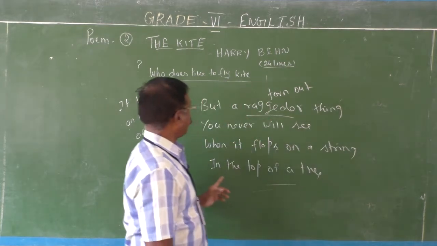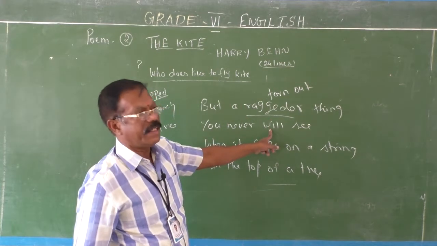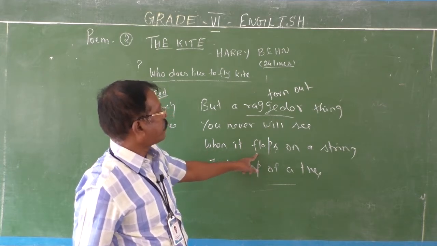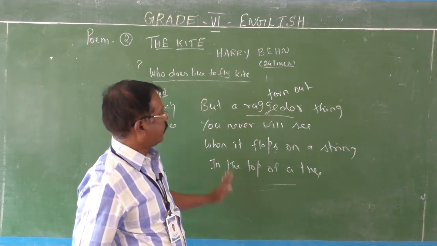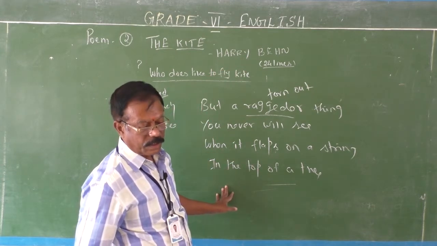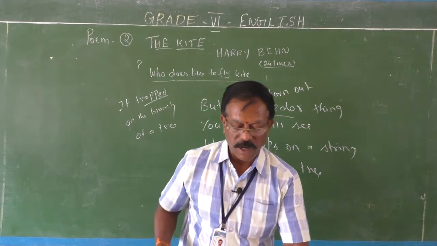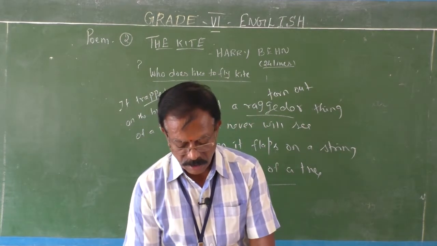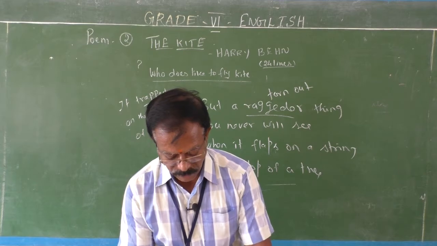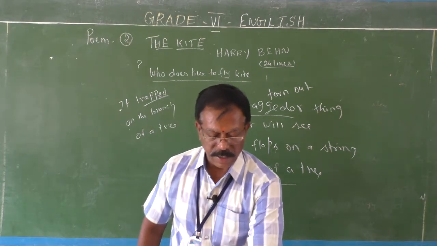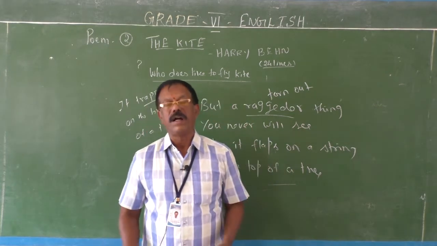Okay, so the last line, the poet says you never will see such things, when it flaps on a string in the top of a tree. So when it comes so fast down and it falls on the top branch of the tree, it comes down and just falls on the top branch.